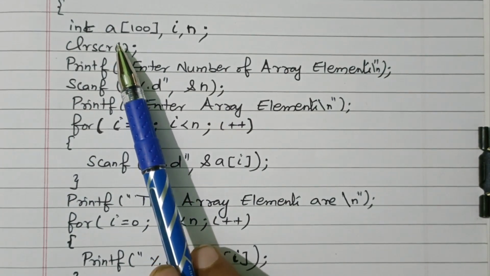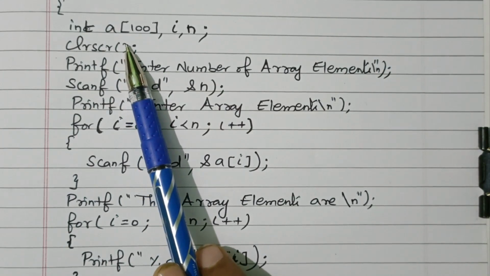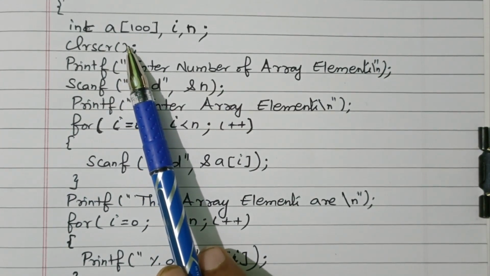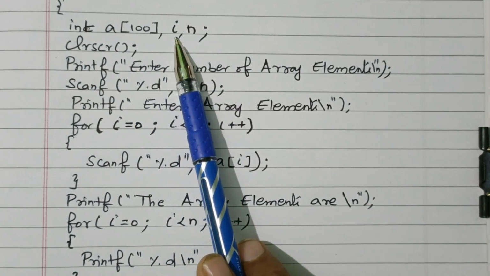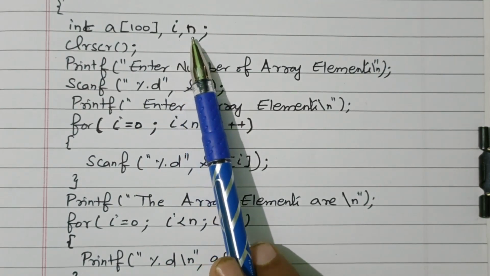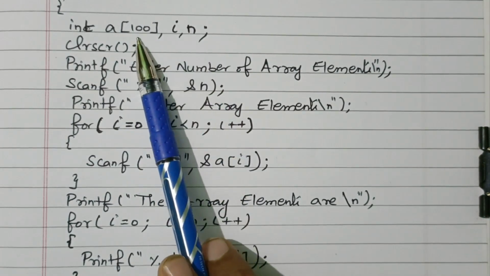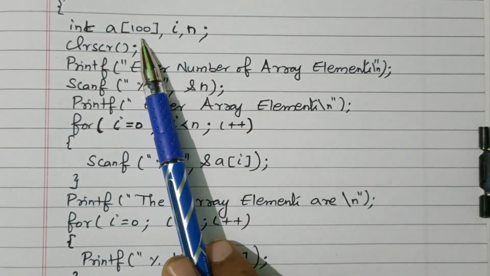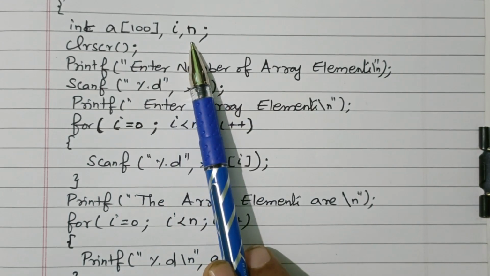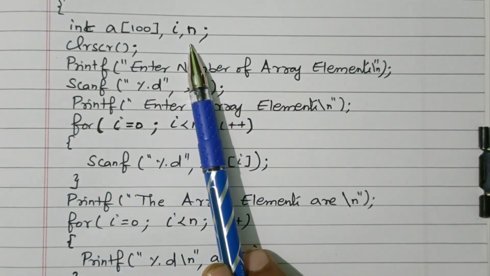In order to loop to get the data or display the data, we need a for loop, because to display 5 elements we need a for loop. For that we are using the variable i. This n is nothing but how many elements we are going to use. 100 is the maximum number of elements in the array, and n is how many elements we need. That is the choice of the user.